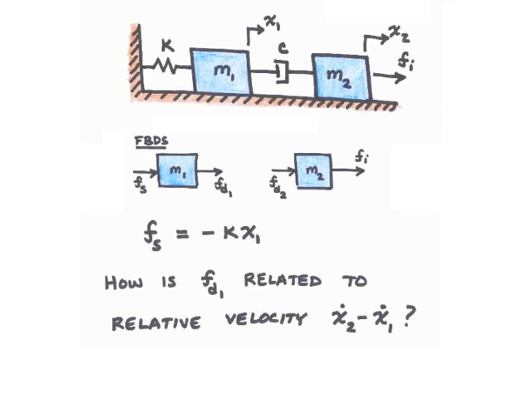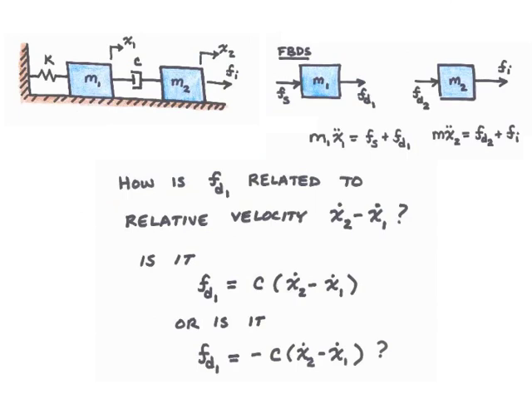Now the harder problem. How are the damping forces related to the velocities of mass 1 and mass 2? We'll begin by looking at FD1, the damping force acting on mass 1. How is it related to the relative velocity of the two masses, that is x2 dot minus x1 dot? Let's think carefully about this.